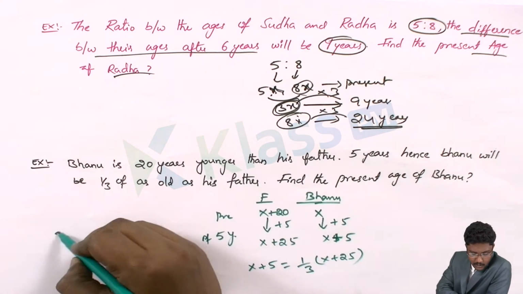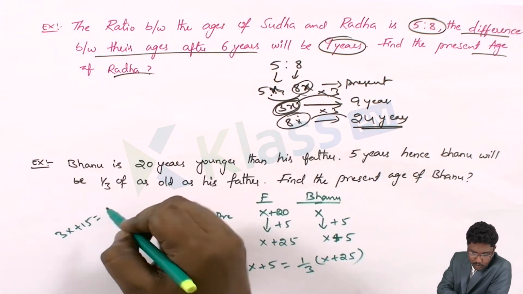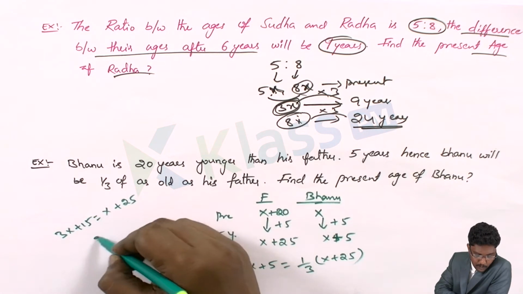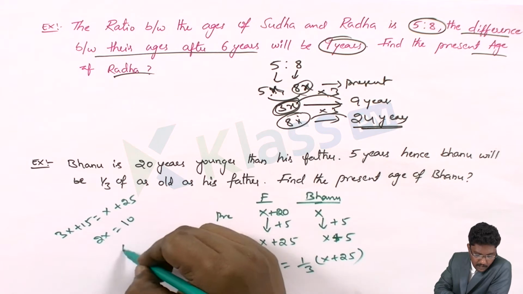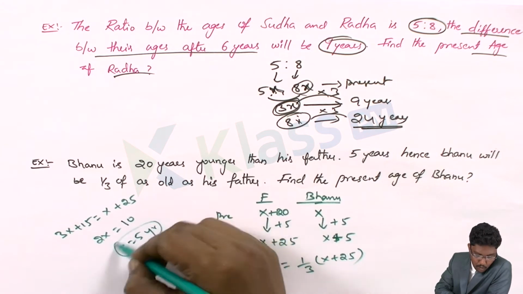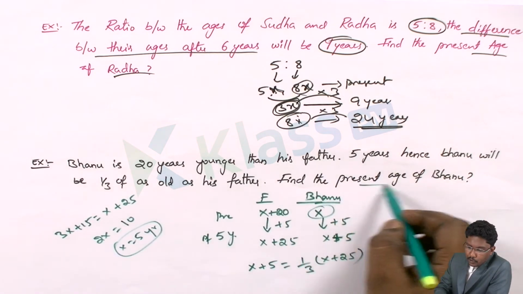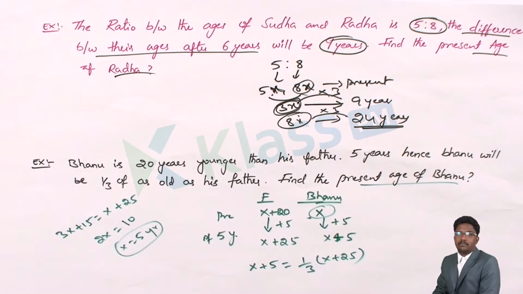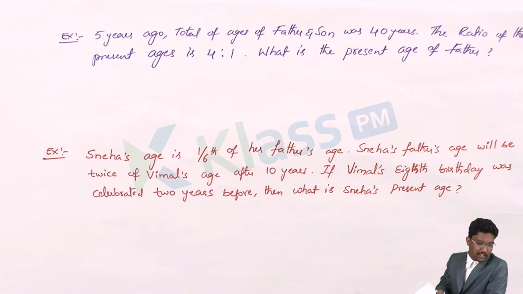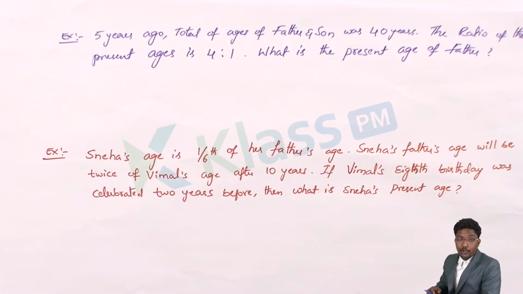Now solve this: 3x plus 15 equals x plus 25, so 2x equals 10, x equals 5 years. Now who is x? Banu's present age. So what is Banu's present age? 5 years. Very simple. Moving to the next type of question, including the ratios.